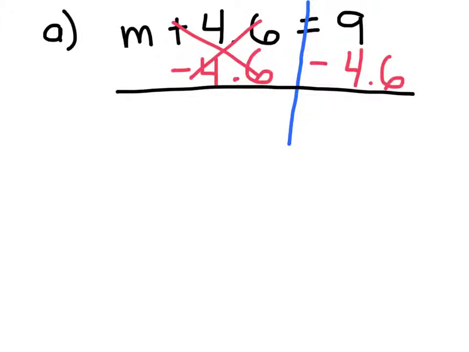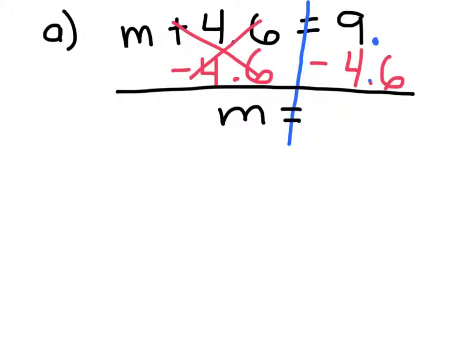Okay, now the only thing I have left on the left side is m. I have an equal sign in the middle. Now this is the part that's new from chapter 3, is we just need to subtract this. Remember, when we add and subtract with decimals, we need to line up the decimal. So there is the decimal on the 4.6.